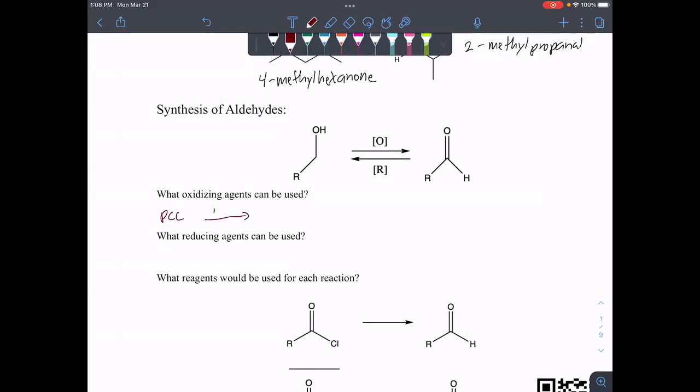For PCC, the reagents are PCC over CH2Cl2. And then for Swern, DMSO, COCl2, over NEt3.